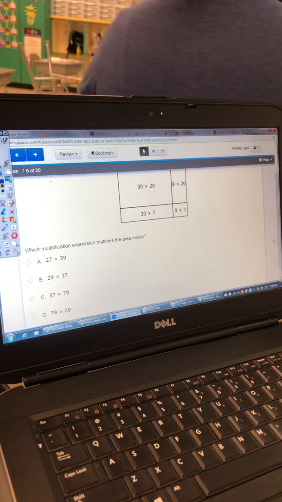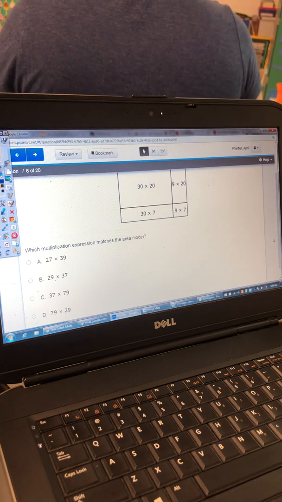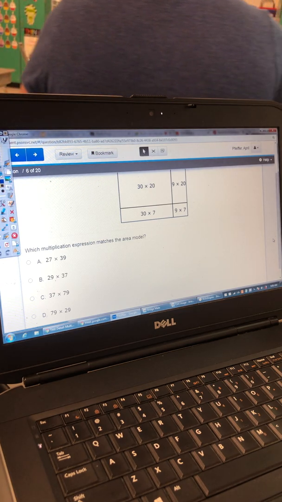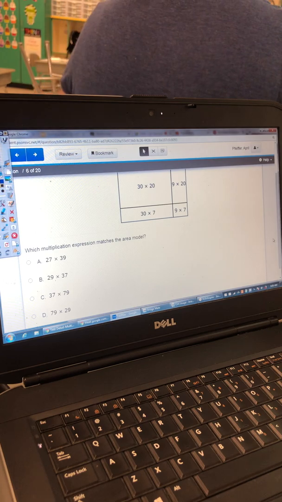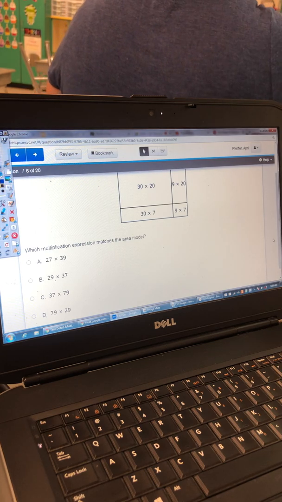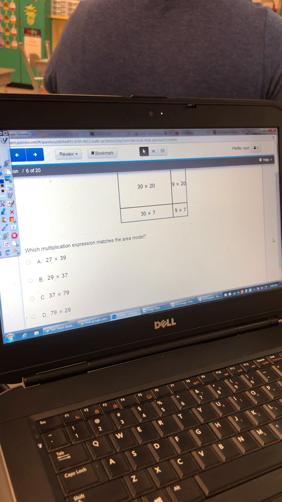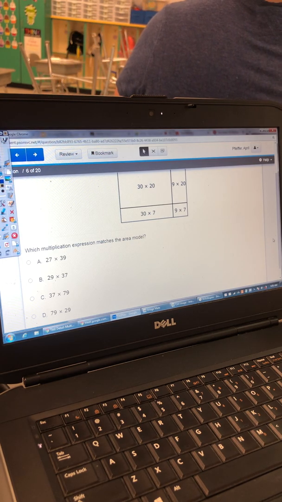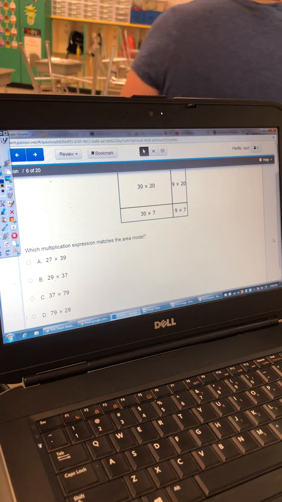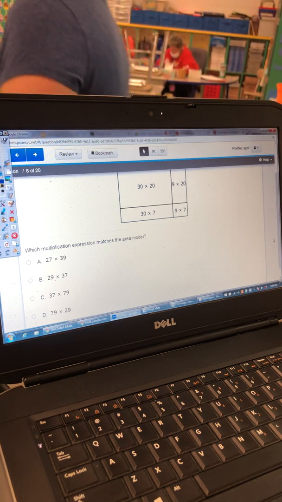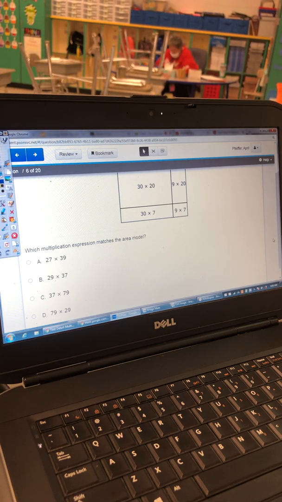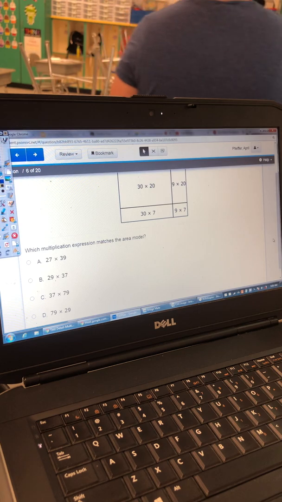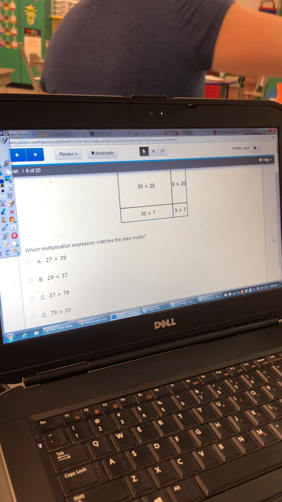Or what you could do is get the answer to all 4 of the choices, and see which one matches. Or you can set up each one of these in an area model and figure out which one matches.